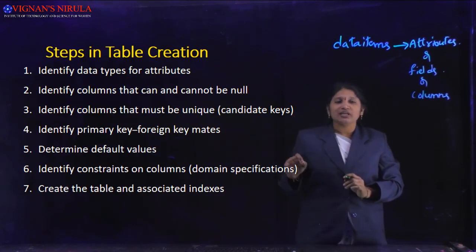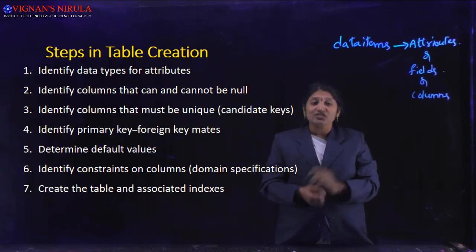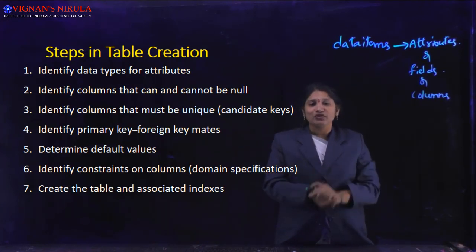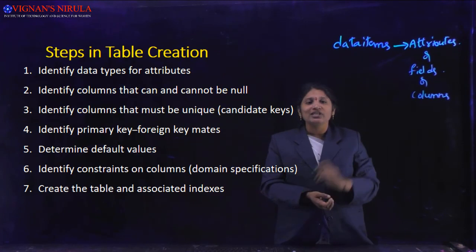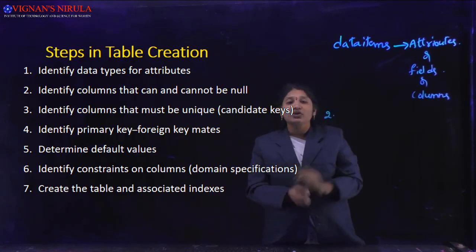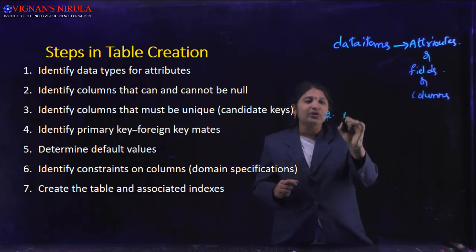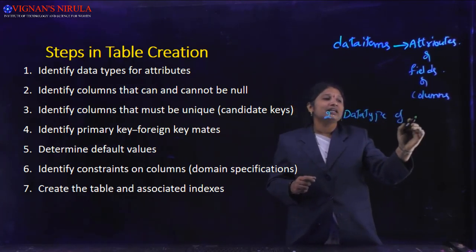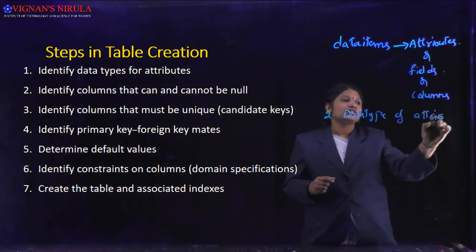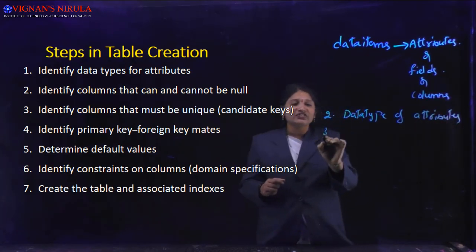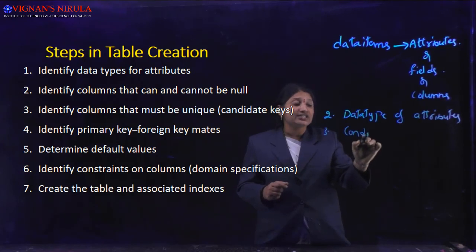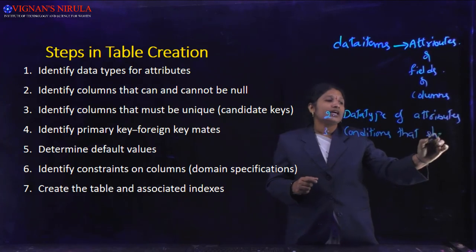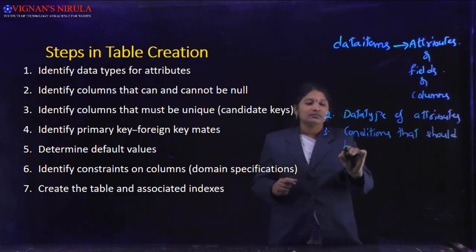So the first step in order to define a table is to understand what sort of data items are to be stored in your table, which are called attributes. As a second step, you must understand what the data type of those attributes can be, as well as define what conditions should be satisfied by those attributes.